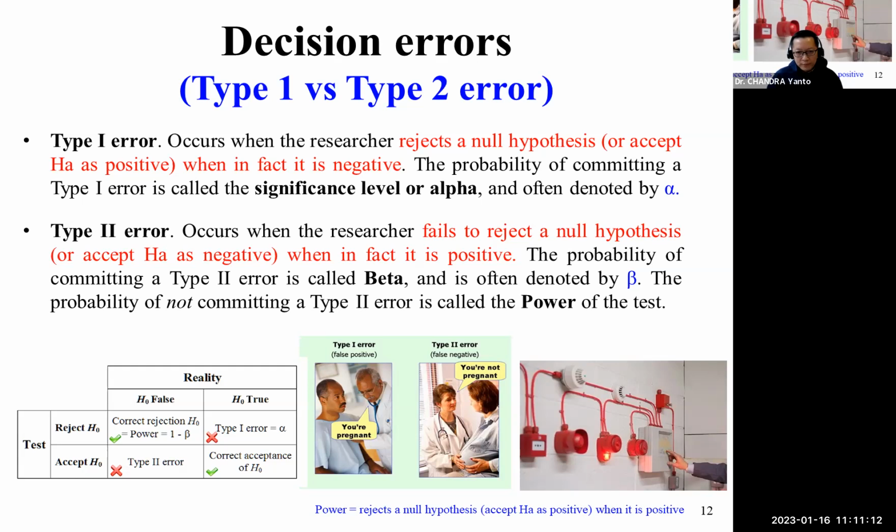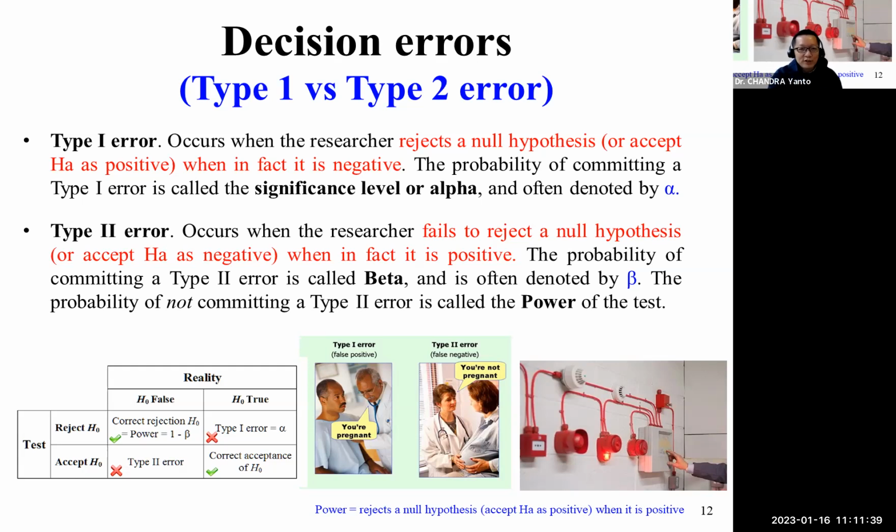Another example to easily understand type 1 and type 2 error is a man who comes to see a doctor. We know that a man will not be pregnant, at least for the next 50 or 100 years, in which men cannot naturally get pregnant, unless in the future we can make men pregnant. But right now, men cannot be pregnant. And a doctor tells this man, "Hey, you are pregnant."